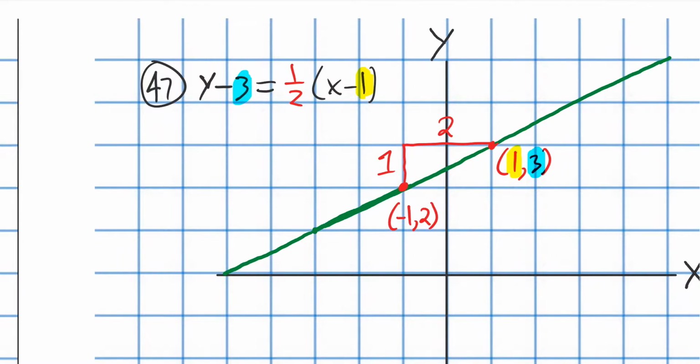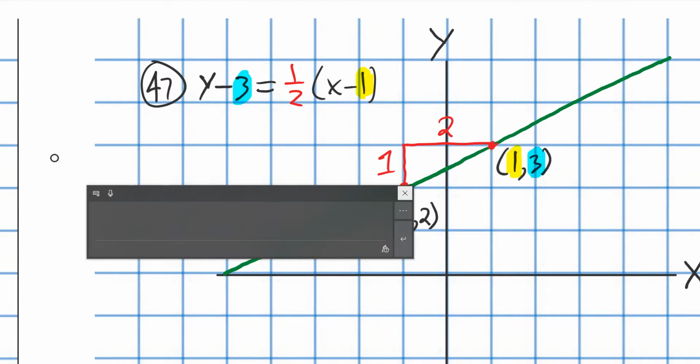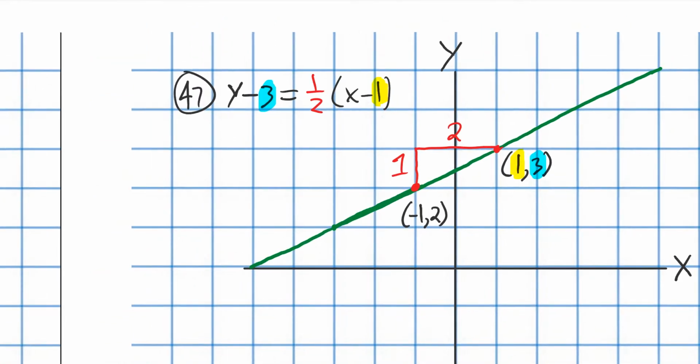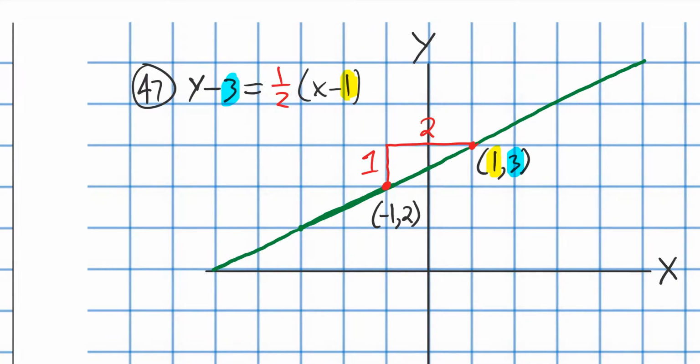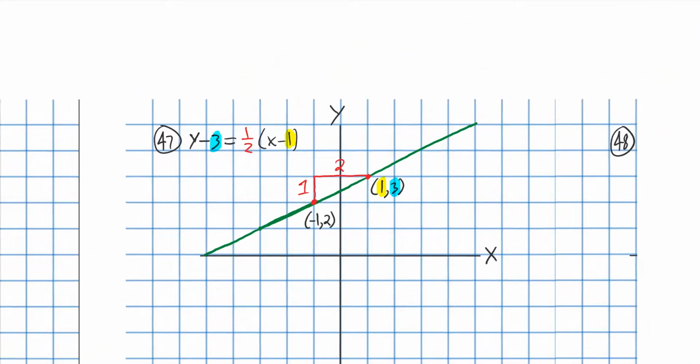I'm going to make these points black so I don't confuse you. The red is always going to be the slope. All right. On to the next problem.